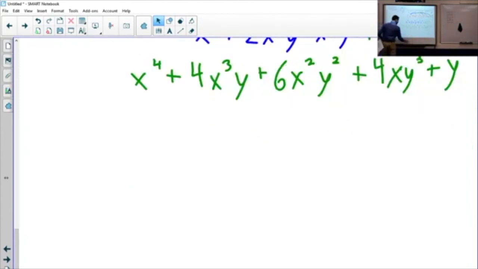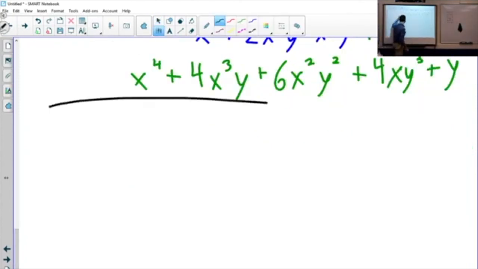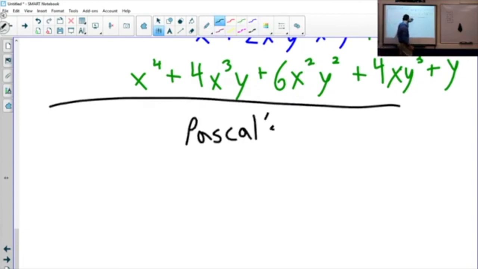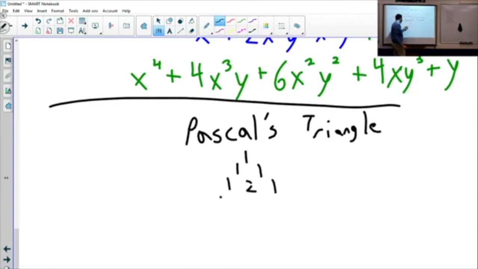And yes, this is from what is called Pascal's triangle. What's the pattern again? How did we get the next row? Add the 2 above it.